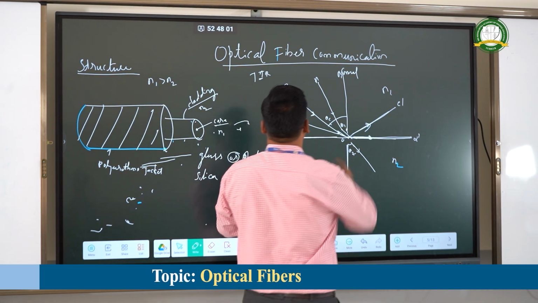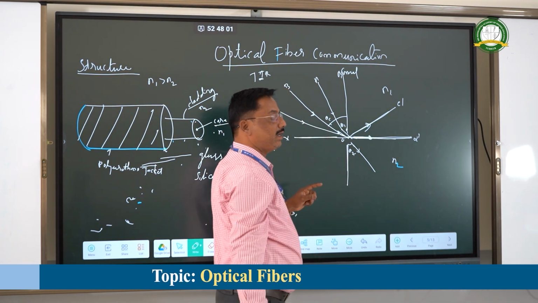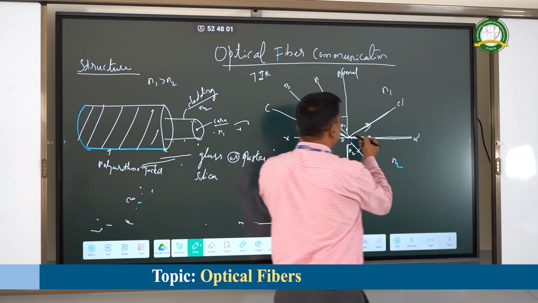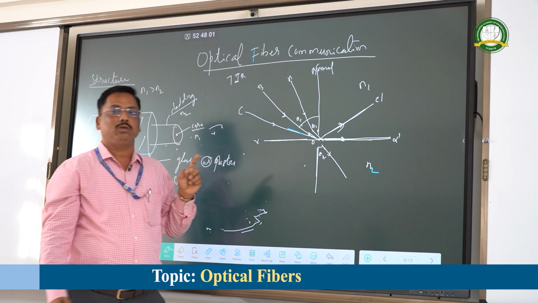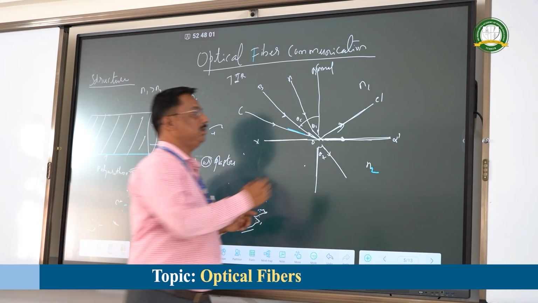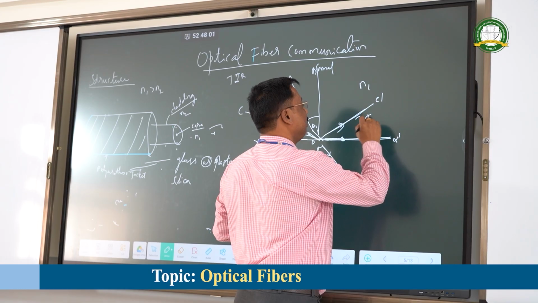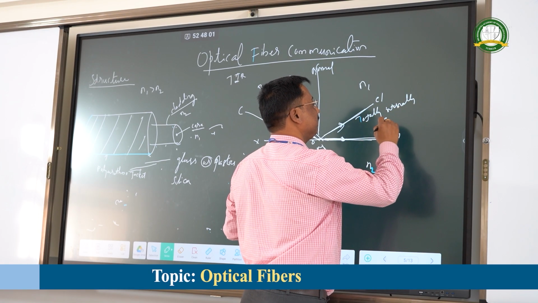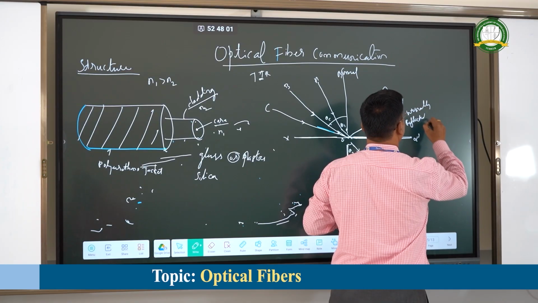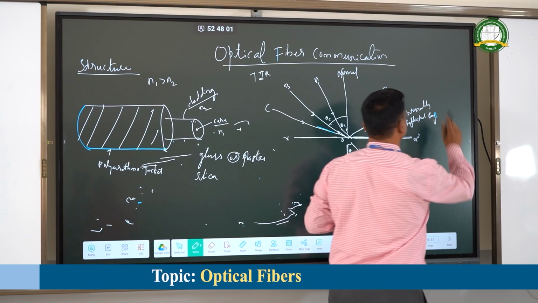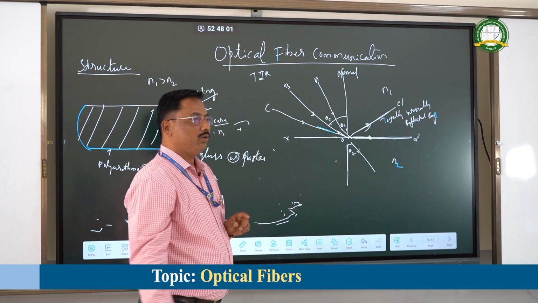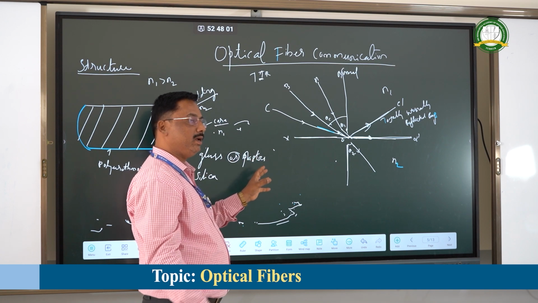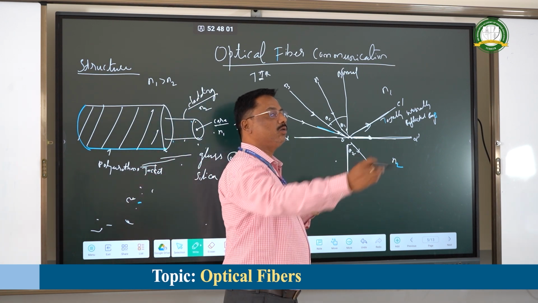Those rays are called totally internally reflected rays. Finally, we can conclude that the rays should fall above the critical angle in order to confine the light within the core material.